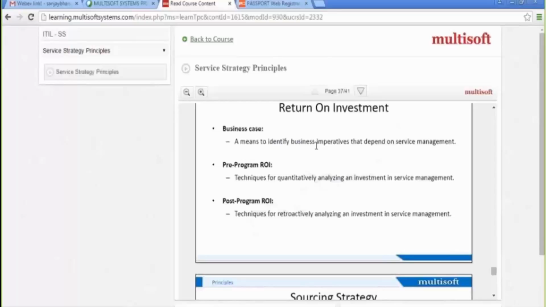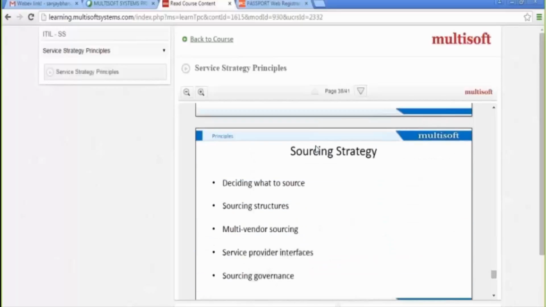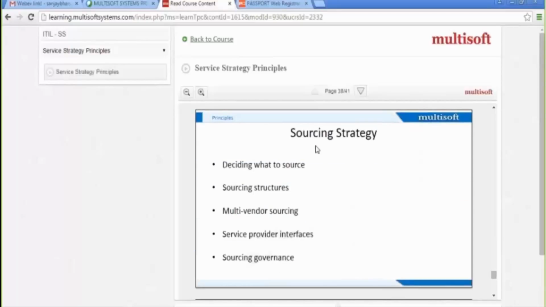So we are calculating the ROI on both sides. Then sourcing strategy: deciding what to source, sourcing structures, multi-vendor sourcing, service provider references, and sourcing governance. We will see governance and everything later on.